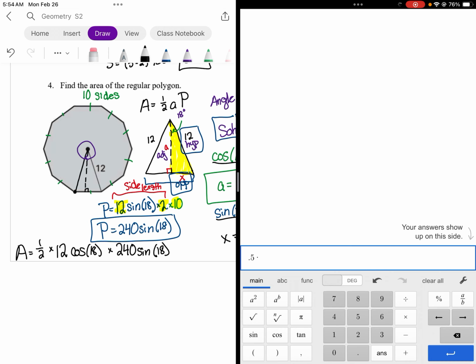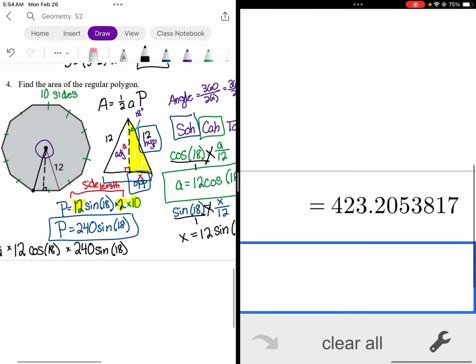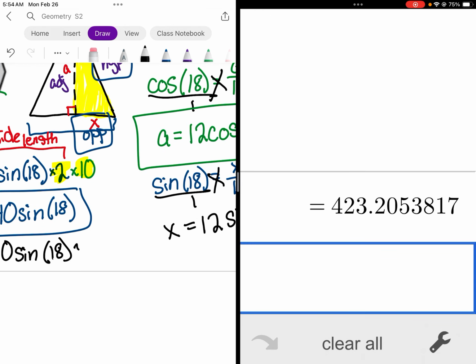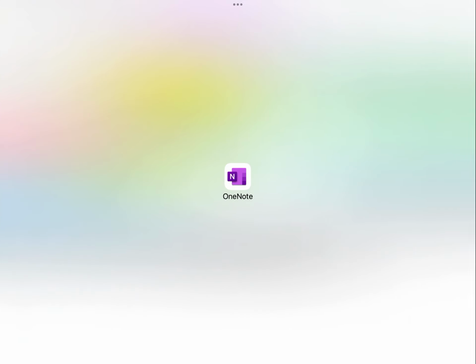So we're going to have 0.5 times 12 cosine of 18, don't forget that parenthesis there, times 240 sine of 18. So the area of this shape is going to be about 423, and then we're going to go to 4 decimal points, 2054, and that would be our area for this shape.